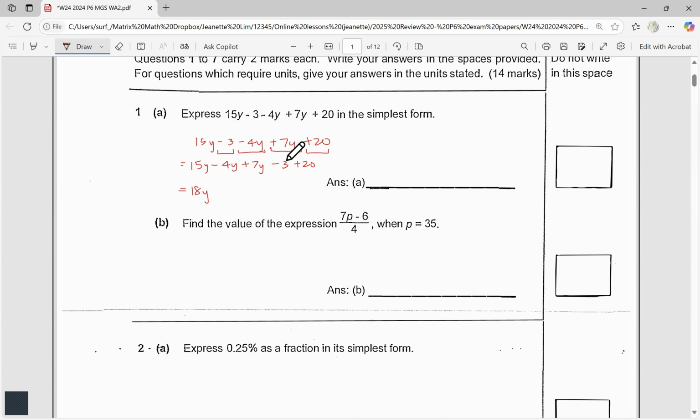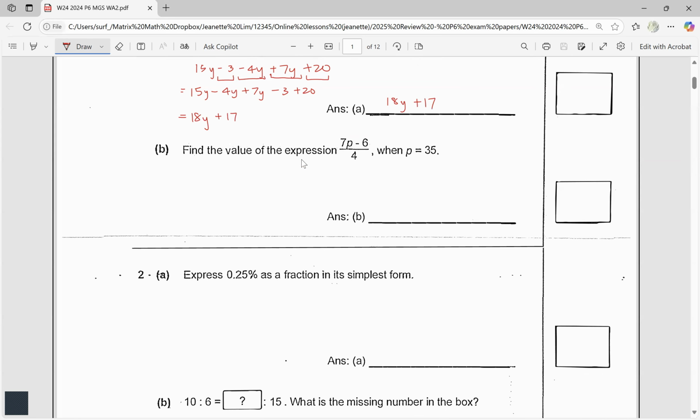You don't lose 23. You lose only 3 at first, and then you receive 20. So that actually means that you gain 17. So this should be plus 17, not minus 23. That is the common error that many students may make.